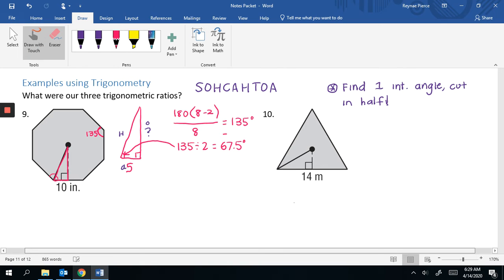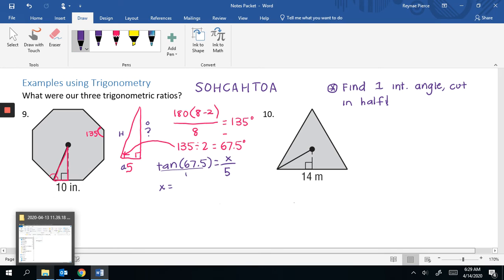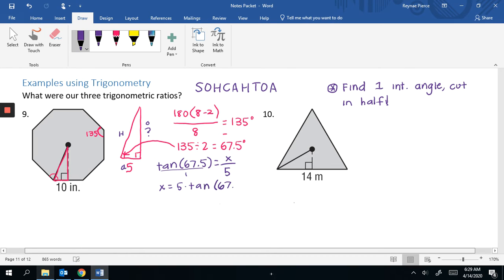The tangent of the angle, so 67.5, is what we don't know over that adjacent side. So to find that missing side, we're going to take 5 times the tangent of 67.5.